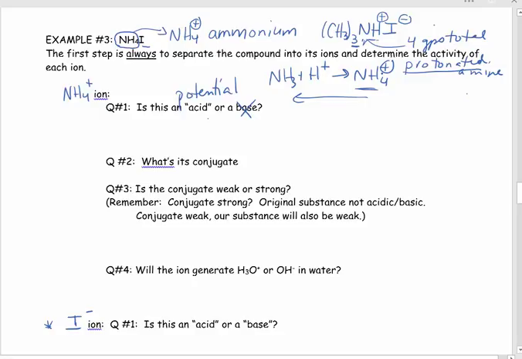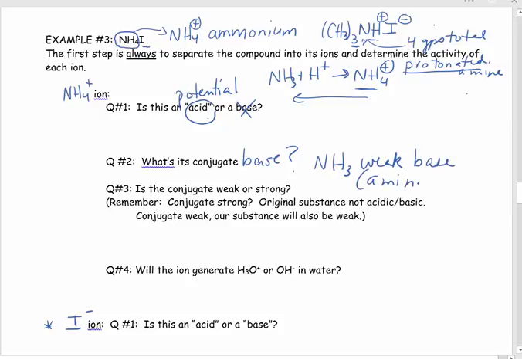All right, NH4 plus. So what's its conjugate base? To get the conjugate base, you take off the proton. So NH3. Is the conjugate weak or strong? Well, this is one of our weak bases. It's one of those amines.